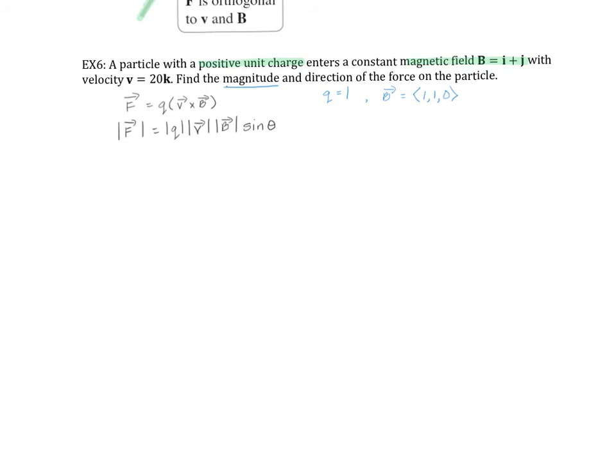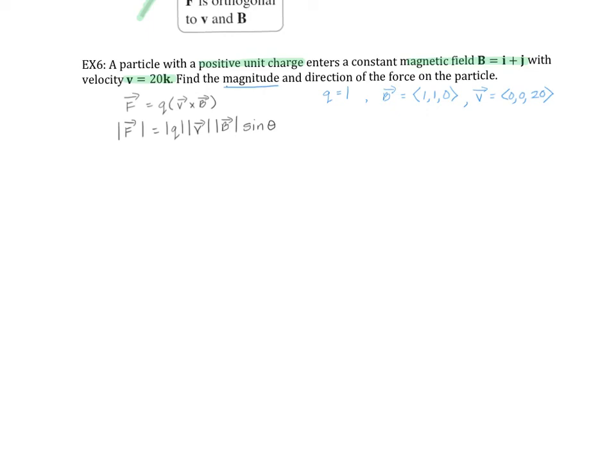All right, so I found B, and I know my velocity vector is 20k. So if I were to write that using vector notation, V is going to be equal to 0, 0, 20, 0i, 0j, 20 on the k.